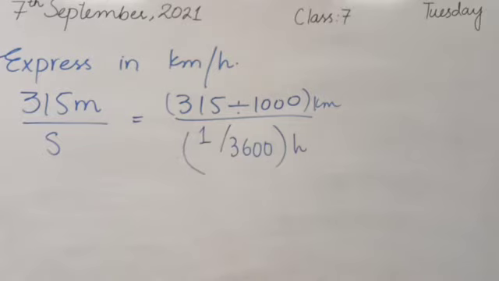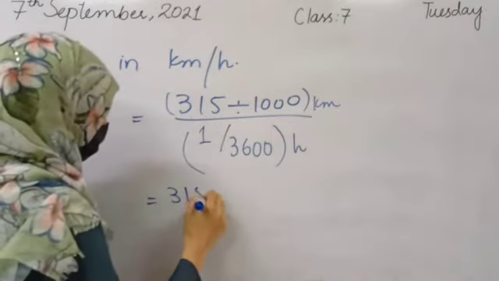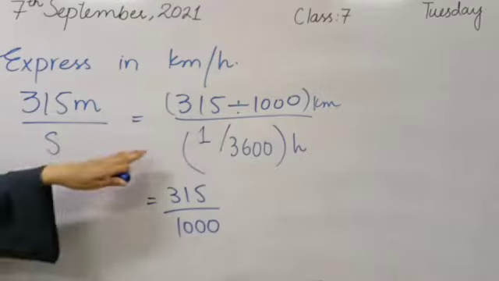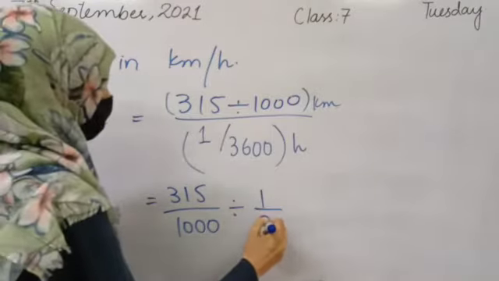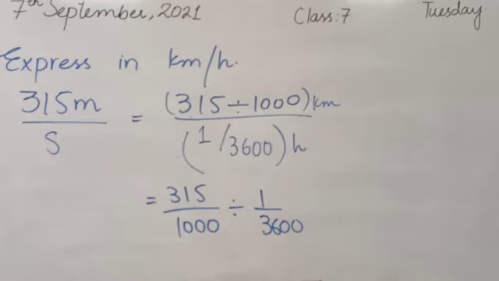Now next step is to simplify. So how will you simplify this? I am writing it like 1000 and this is dividing here like this, 1 over 3600. So in the next step take the reciprocal and then simplify.